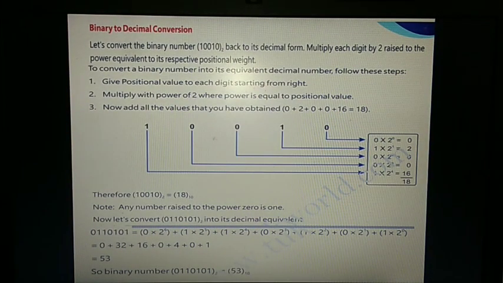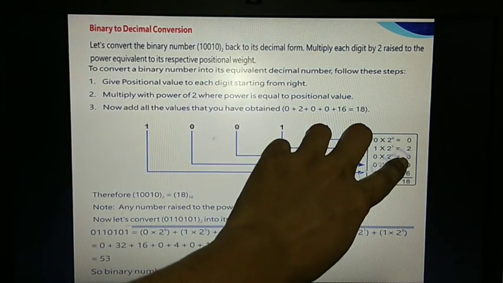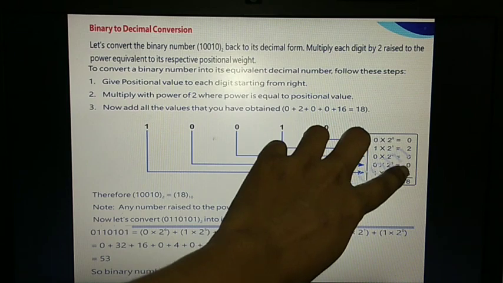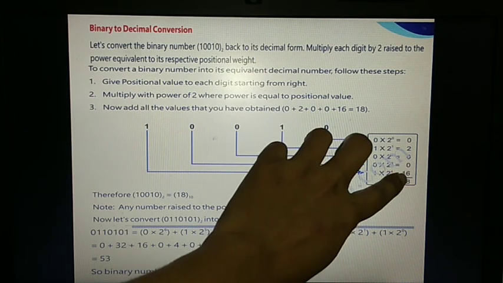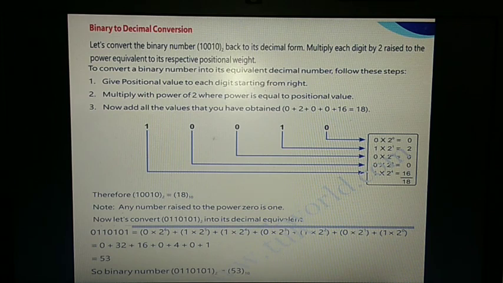Now you are supposed to add: 0 plus 2 is 2, 2 plus 0 is 2, 2 plus 0 is 2, 16 plus 2 is 18. Therefore, for 10010 base 2, you get the decimal number 18 base 10. All understood?